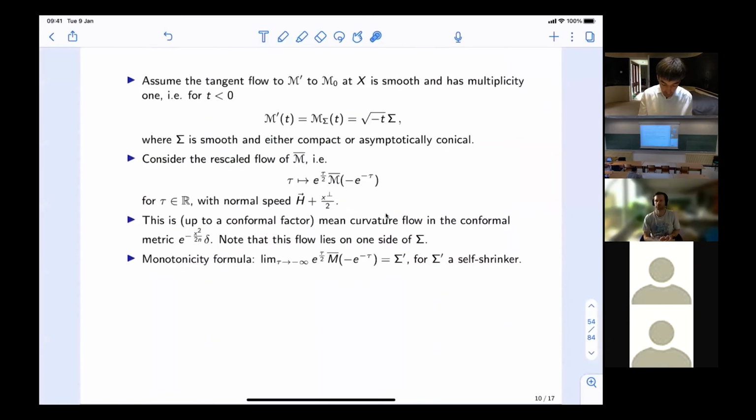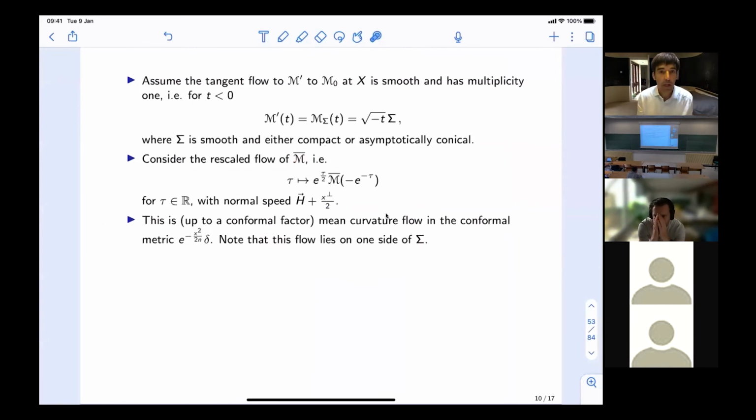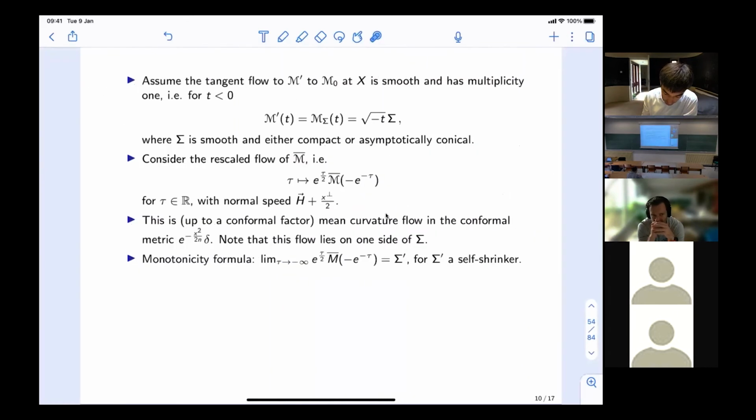The idea is, this flow M bar, for the usual monotonicity. Remember, it's an ancient flow. So the monotonicity formula allows also to take a tangent flow at minus infinity. So you do a blowdown. Like if you have an entire minimal surface, you can also do a blowdown and get a minimal cone. That's the behavior at time minus infinity, or at infinity. If you do this here, this is the same thing as for this rescaled flow to go with tau to minus infinity, you get another self-shrinker.